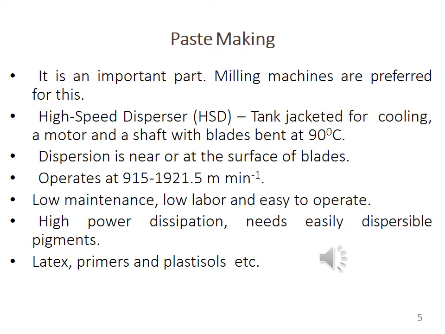Using this high power dissipation, the pigments are easily dispersed. The pigments which are present in the paints are easily dispersed using this high speed disperser, because the main function of this high speed disperser is to disperse the pigments.